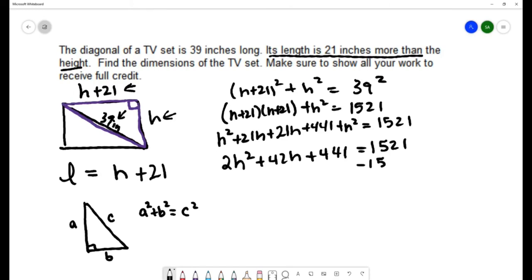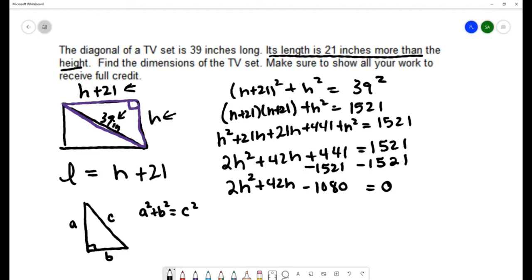I'll subtract 1,521 on both sides so I can move all the terms to the same side. 441 minus 1,521 would be negative 1,080. We have 2h squared plus 42h minus 1,080 equals 0.